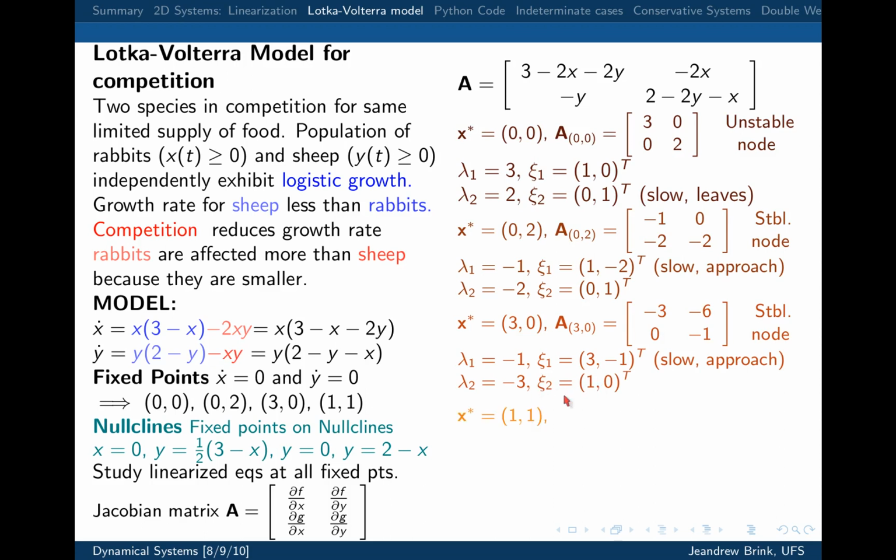And we finally get to the final fixed point. We do the same thing. We substitute the values into the matrix. We get that the matrix's constants are minus 1, minus 2, minus 1, minus 1. This is harder than the previous ones because you can't just write down the eigenvalues. So you work out the determinant, which is minus 1. So you know it's a saddle, right? Because the 2 eigenvalues have different signs. You work out the trace, which is minus 2, but it still remains a saddle.